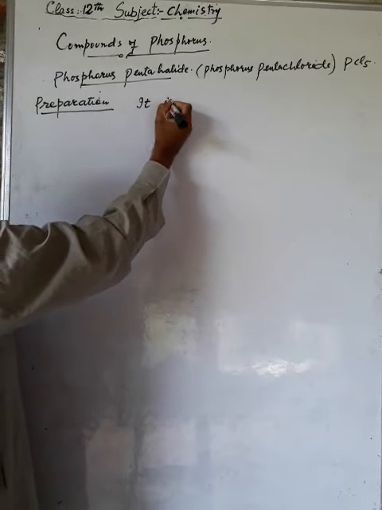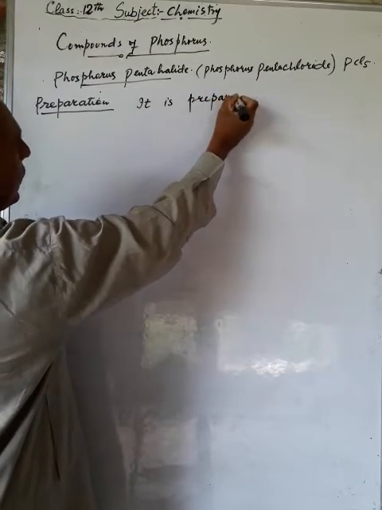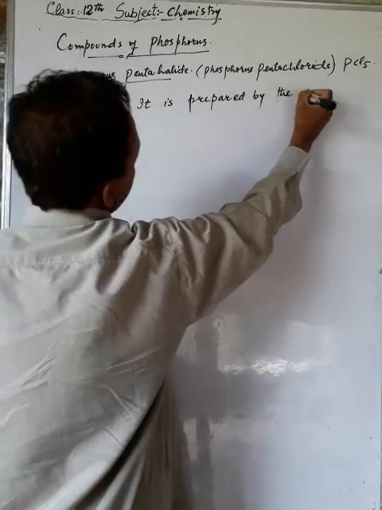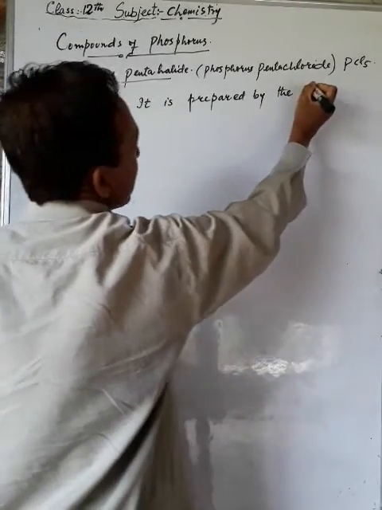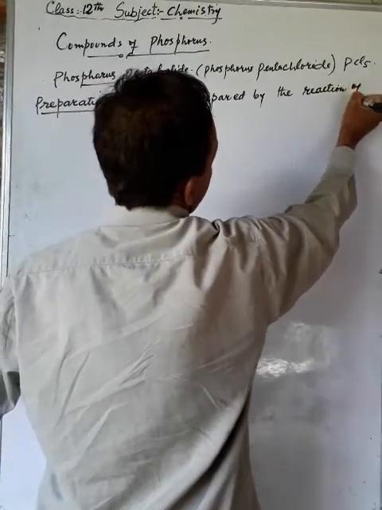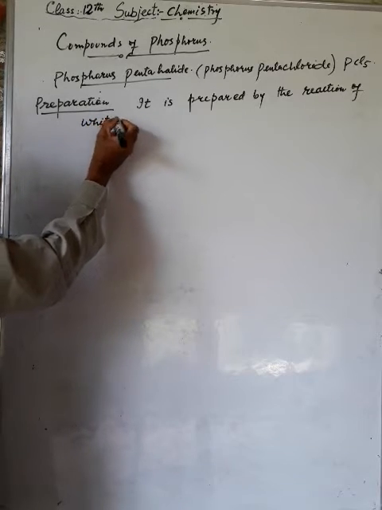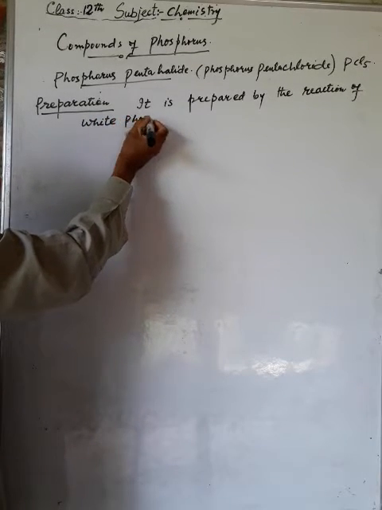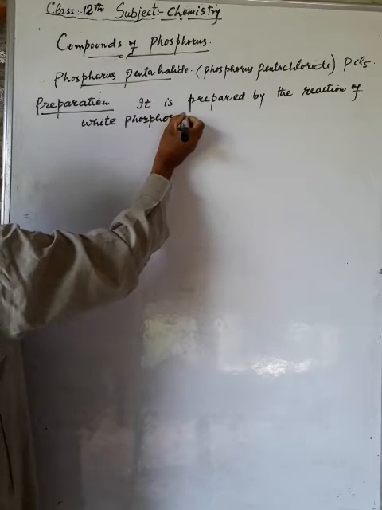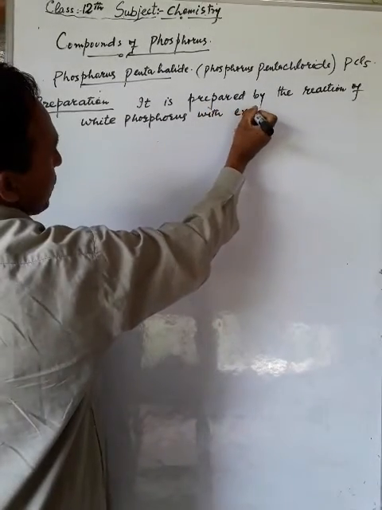It is prepared by the reaction of red phosphorus or white phosphorus with excess of dichlorine.